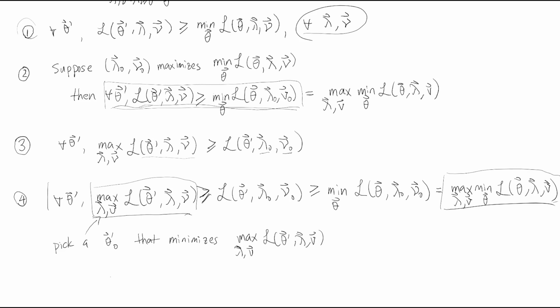In other words, what we're really saying is that if we minimize over theta for this function, this must be greater than or equal to the last expression over here, which turns out to be reversing the min and the max.